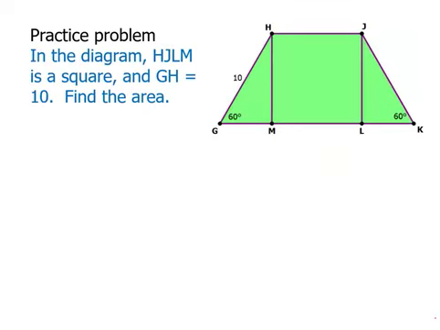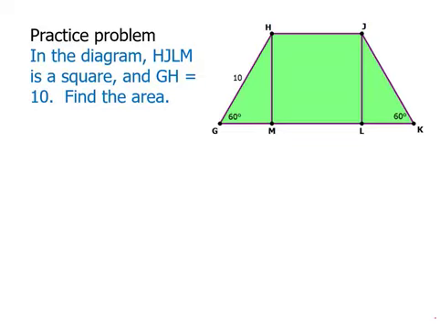Here's a harder practice problem. Pause the video and then we'll talk about this. Okay, in the diagram, HJLM is a square. And we have GH, that slanty side, is 10. And of course JK, because it's symmetrical, JK would also have to be 10.